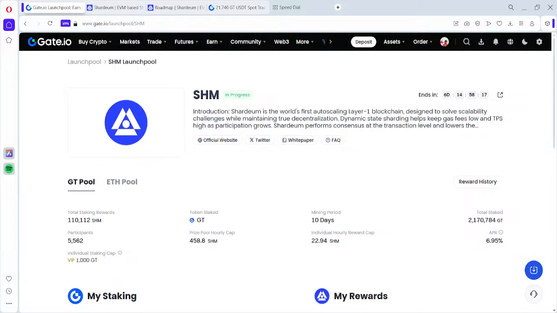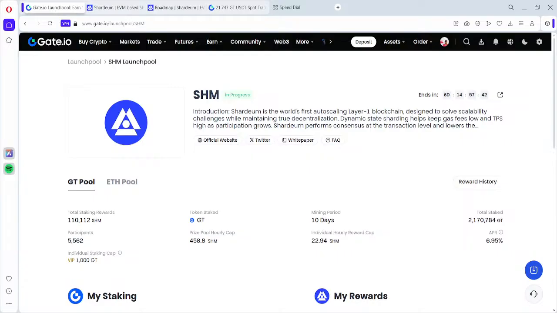And SHARDEUM provides the highest throughput capacity of any EVM based layer 1 without sacrificing decentralization. And the developers can deploy and interact with Solidity or Vyper contracts without special considerations for sharding, since the contracts are deployed to unique shards automatically while retaining atomic composability across all shards.